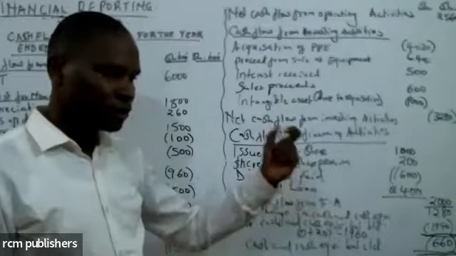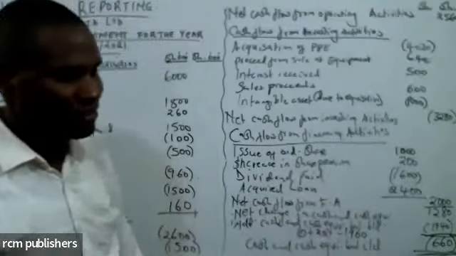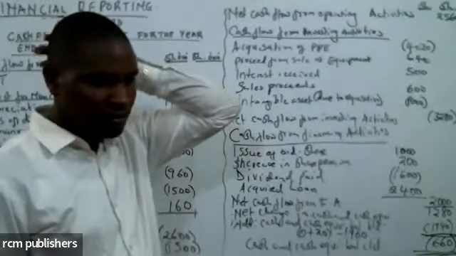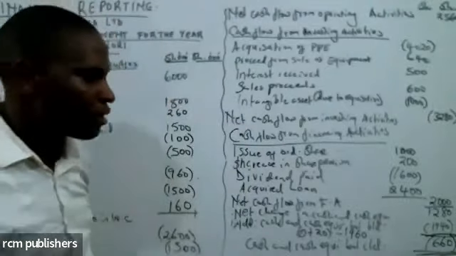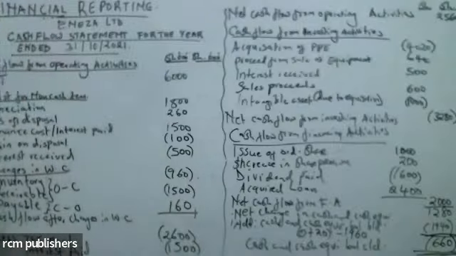You take the short-term investment plus cash minus bank overdraft, and tell me whether you get the same. Kindly do the same in the year 2021 and then let me know. Wow, 1040 minus 1700 and it is giving the same.